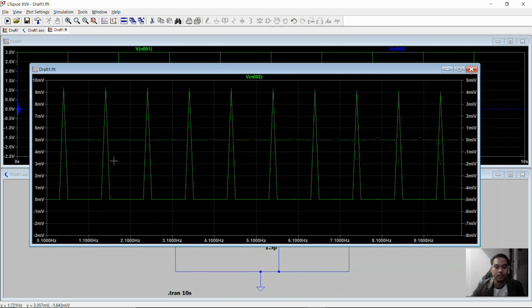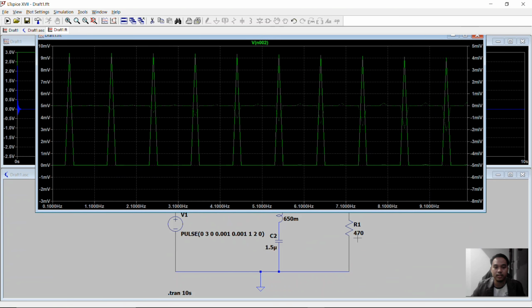As you can see, this is our FFT, our Fourier analysis for this circuit. The voltage at the resistor, as you can see, is about 9.5 millivolt. Here is our graph for the Fourier analysis.